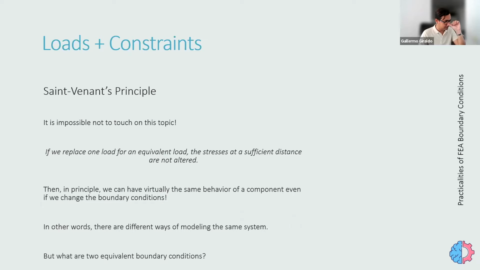So in other words, there is not only one way of modeling a system. If you think about our bike example, there are many different boundary conditions that we can apply at each one of these interface points or boundary points that will produce the same or an equivalent behavior of response on my structure or system.